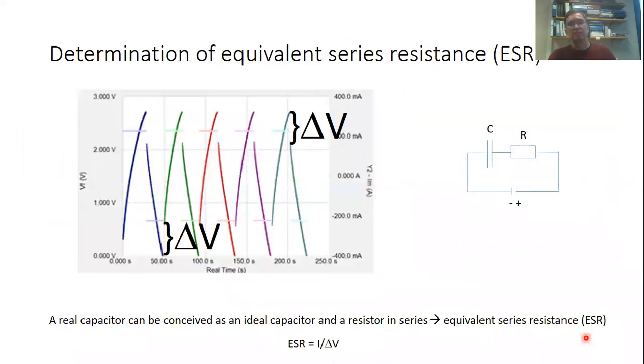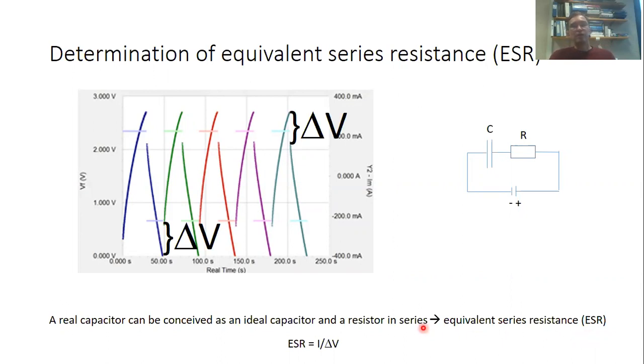So I mentioned previously that you can have internal resistances within your capacitor, which is naturally not ideal, and there are actually two types of resistances. That's the so-called equivalent series resistance, and the so-called parallel resistance.